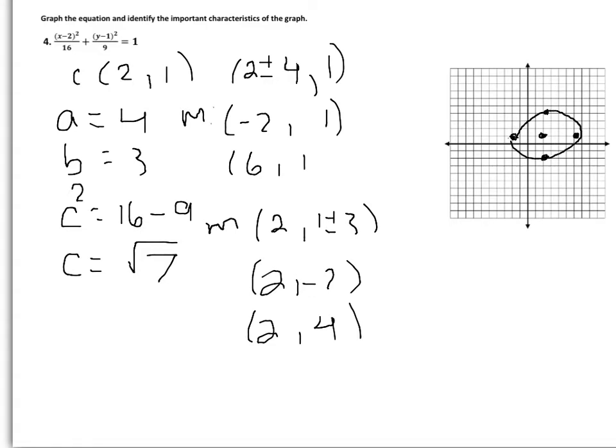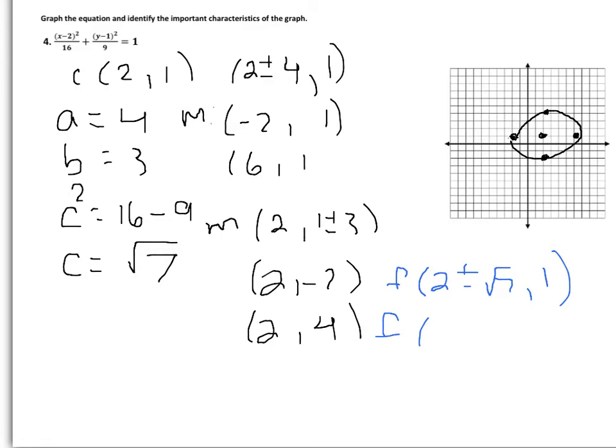And then the foci are 2 plus or minus the square root of 7, comma 1.